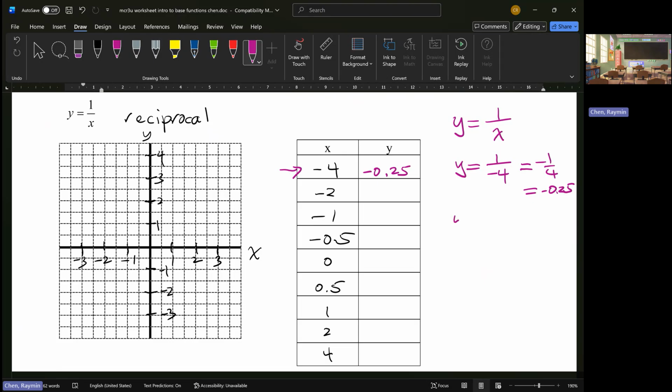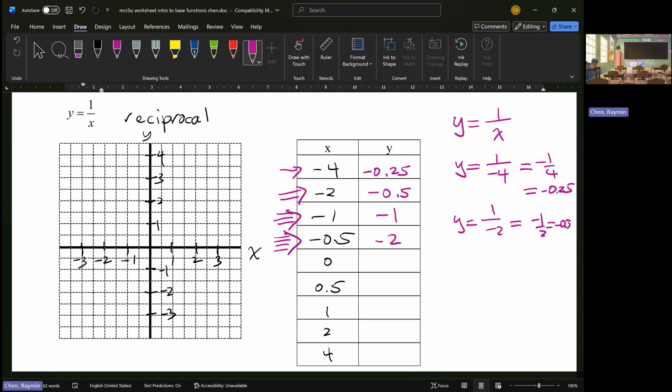If we plug in -2, we get -0.5. Plug in -1, you get -1. If you plug in -0.5 in this equation, check it yourself with the calculator. What do we get? We get -2.